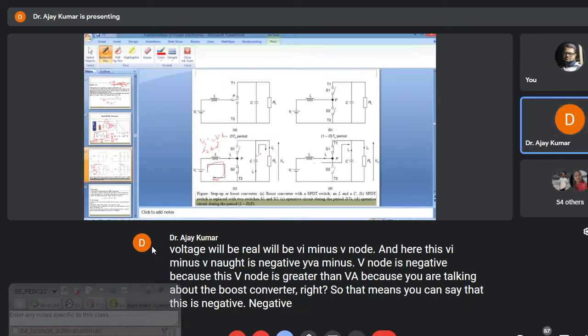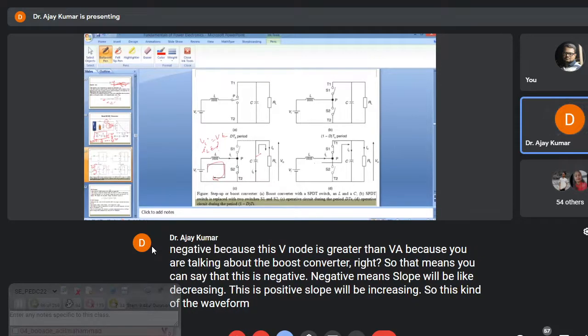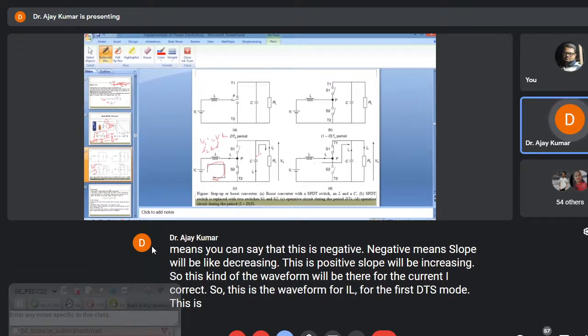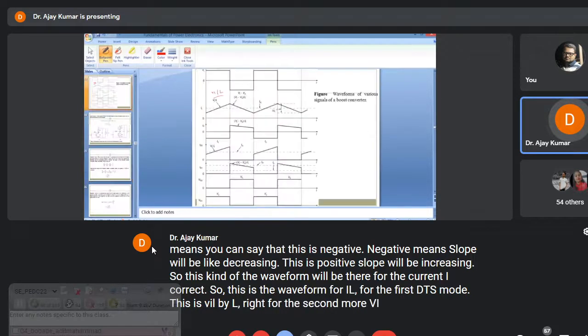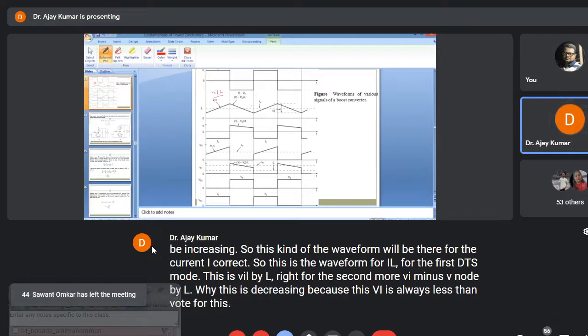Negative means the slope will be decreasing. This is positive, so the slope will be increasing. So this kind of waveform will be there for the current IL, correct? So this is the waveform for IL. For the first DTS mode, the slope is VI by L, right? For the second mode, VI minus V naught by L. Why is this decreasing? Because VI is always less than V naught for this boost converter, correct?